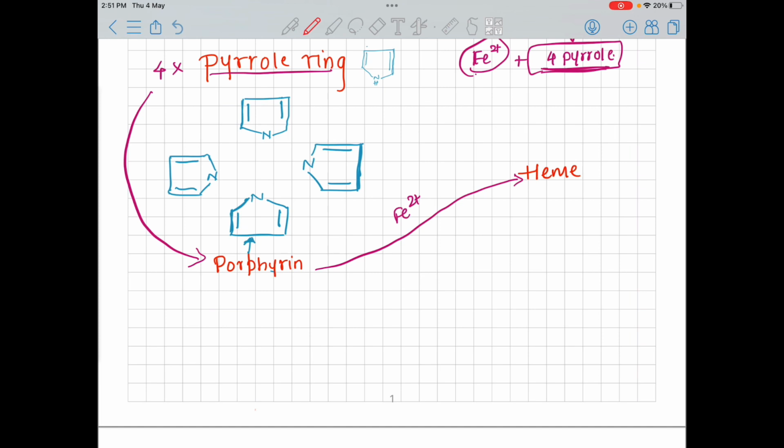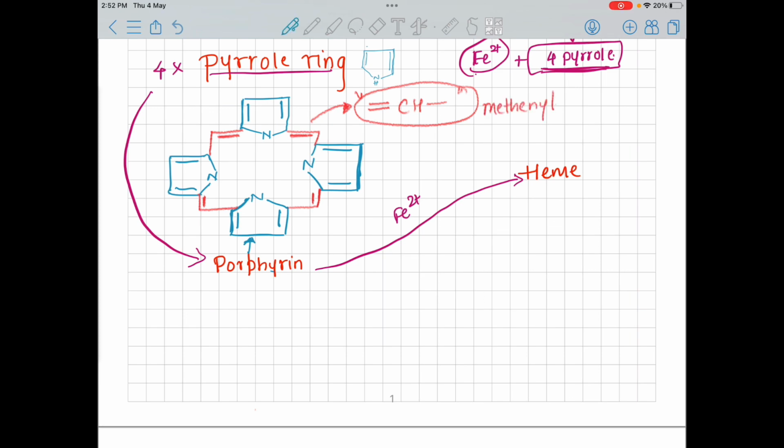The 4 pyrrole rings should be connected to each other, so they are connected by certain bridges. See, these are the connections. These are known as methine bridges. Here there is a double bond, and here there is a double bond. So actually, this can be written as CH, double bond, CH, single bond. So these are the connection bridges.